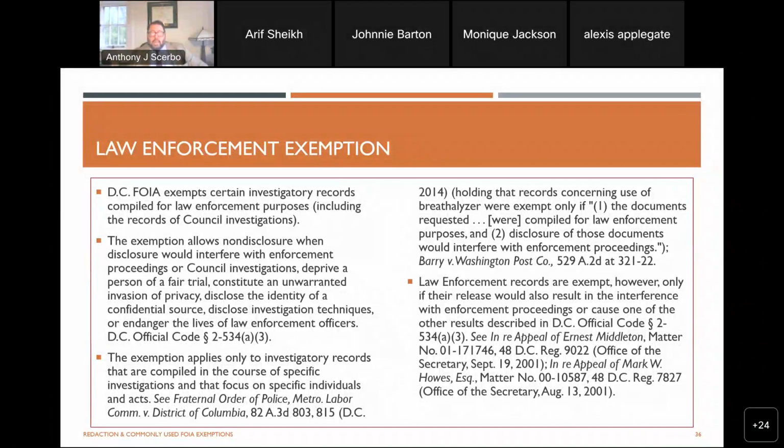Law enforcement records are exempt, however, only if their release would also result in the interference with enforcement proceedings or cause one of the other results described in 2-534(a)(3). And here are two cases that are instructive and I would recommend reading.